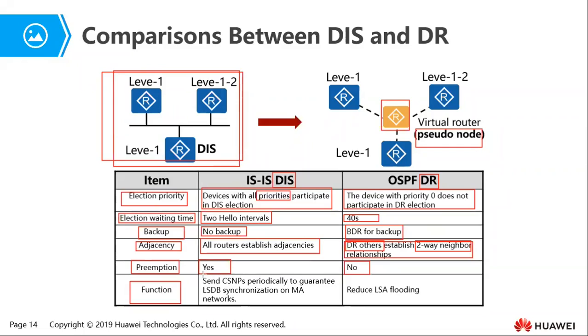Function. So I said I'll tell you about CSNPs, and I'm still going to tell you about that in a short while. So it sends CSNPs periodically to guarantee LSDB synchronization on multi-access networks. Multi-access networks are simply broadcast networks, like this one here.